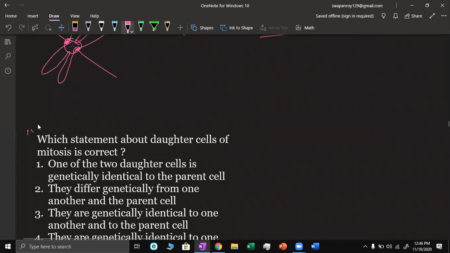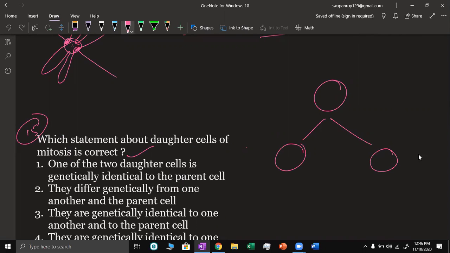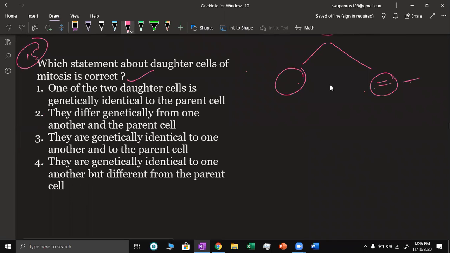Question number 15. Which statement about daughter cells of mitosis is correct? In mitosis, from one mother cell, two daughter cells are produced, identical to each other and to the mother cell, with the same amount and type of DNA.